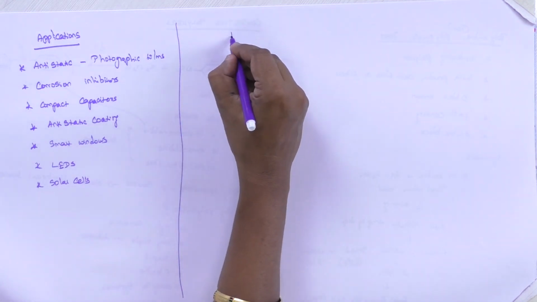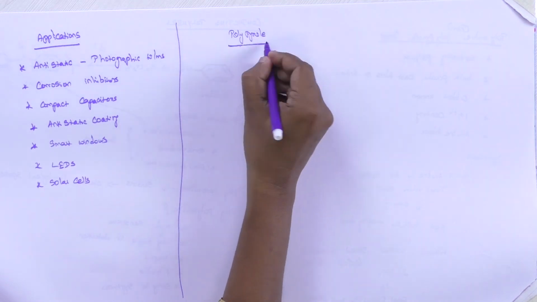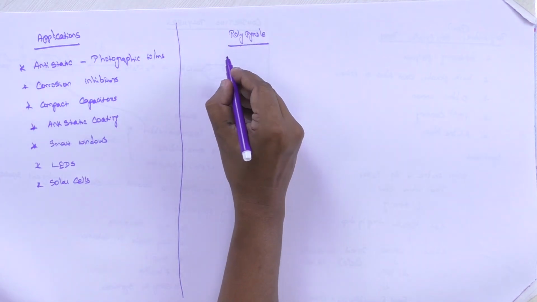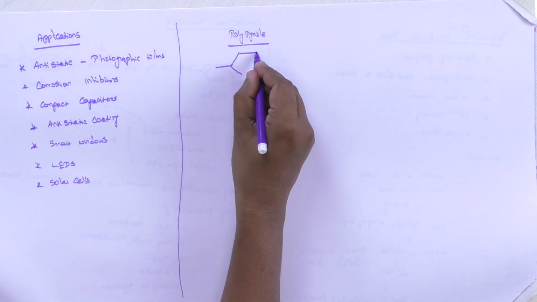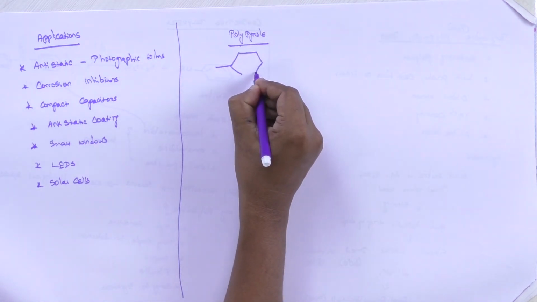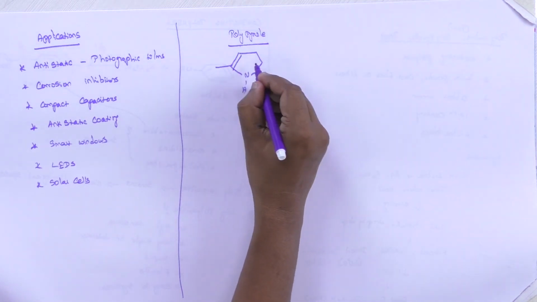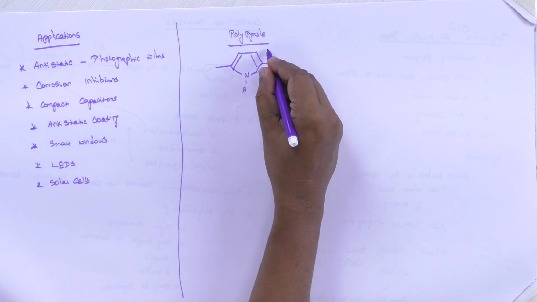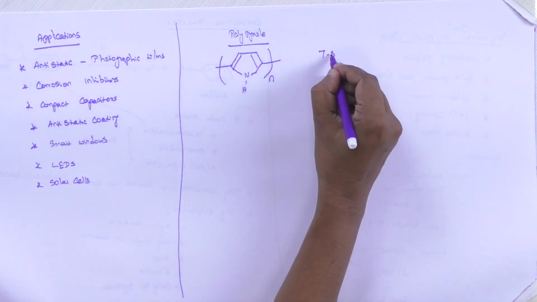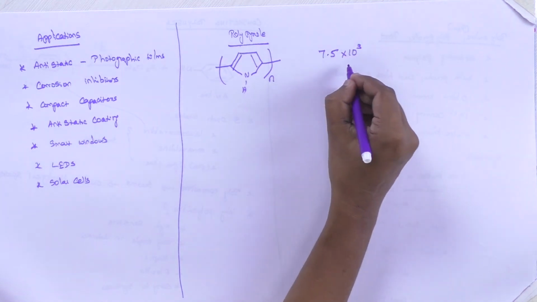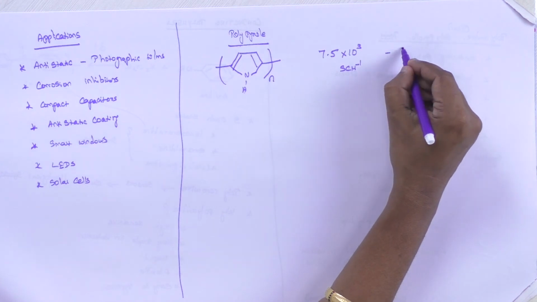Next, coming to polypyrrole. Let us see only the properties of polypyrrole. The polypyrrole structure is a 5-membered ring polymer where you have an NH group, and it is aromatic in nature. You have n molecules of polypyrrole here. The conductivity is 7.5 × 10^3 S cm-1, and the type of doping is P doping.